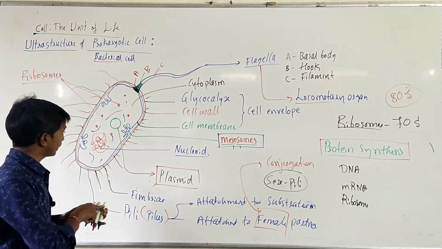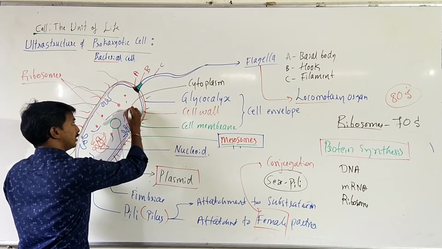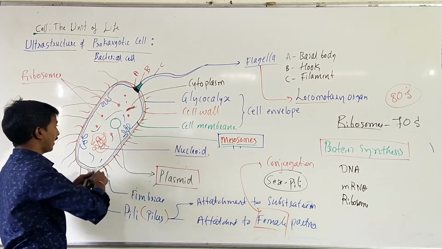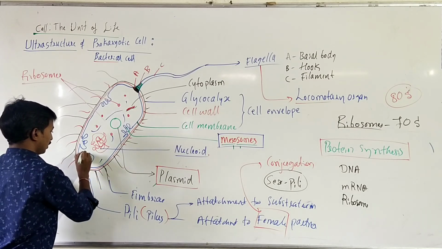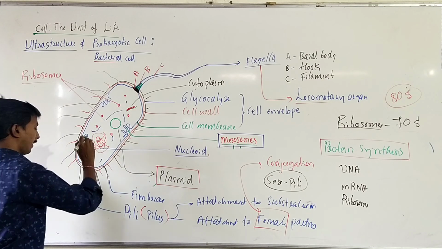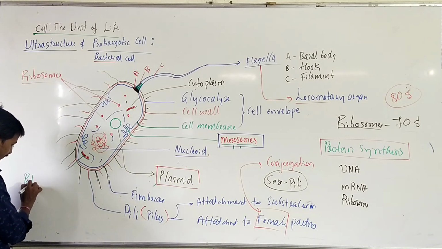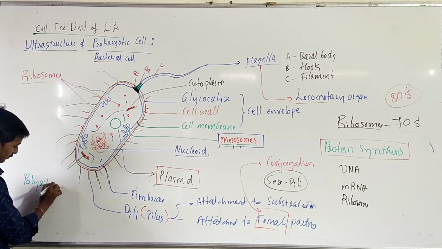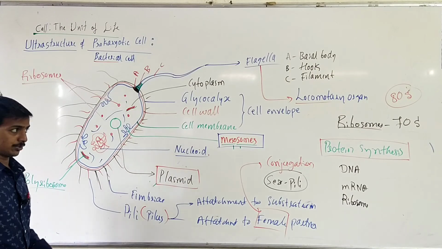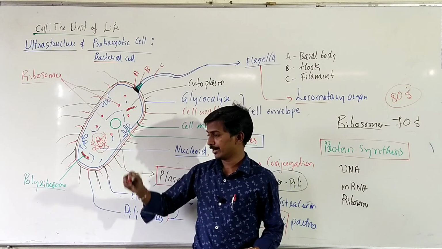Sometimes what happens here is many ribosomes attach to a single mRNA. It is called a polyribosome, or polyribosomes. Means many ribosomes on a single mRNA.